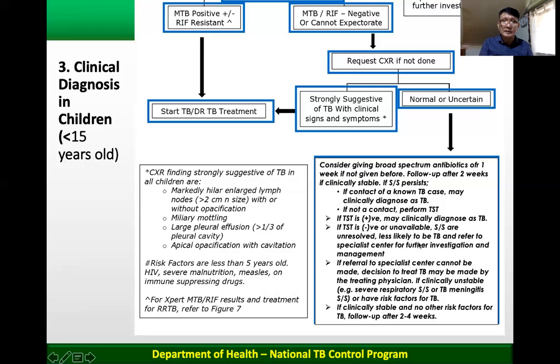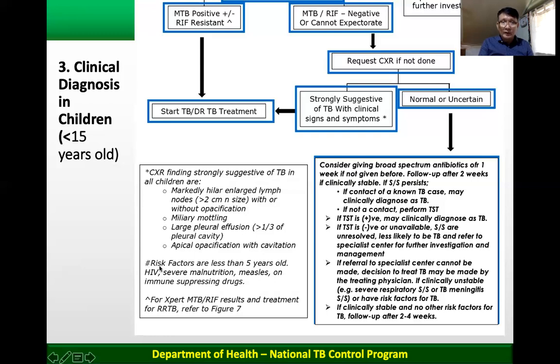Now, a while ago, I also presented to you the different readings of our chest X-ray. So chest X-ray findings strongly suggestive of TB in all children are markedly enlarged hilar lymph nodes, more than 2 cm in size, with or without opacification, miliary mottling, large pleural effusion, and apical opacification with cavitation.